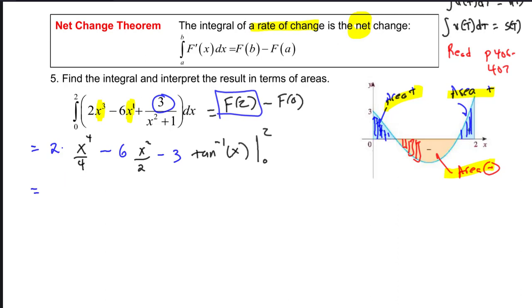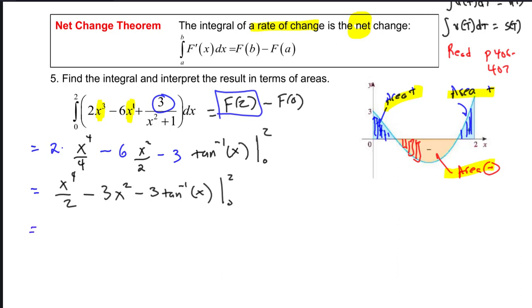I can reduce. The next one, I get 6x squared over 2, which is 3x squared. And on the last one, I can't do anything with that one as far as simplifying. And I'm integrating from 0 to 2. And I'll do f of 2 in blue.